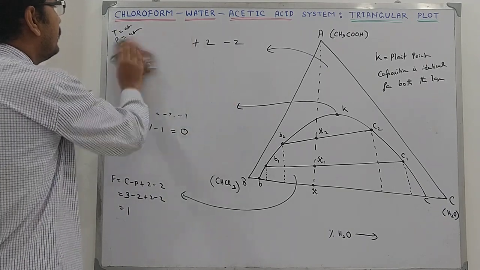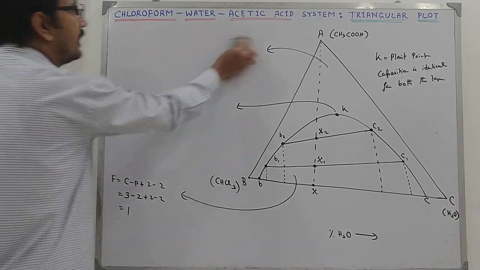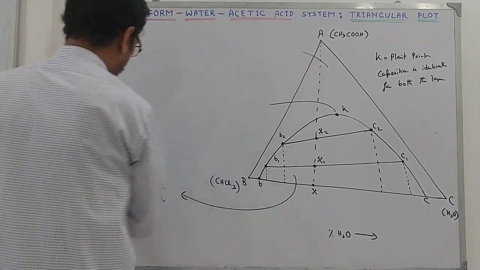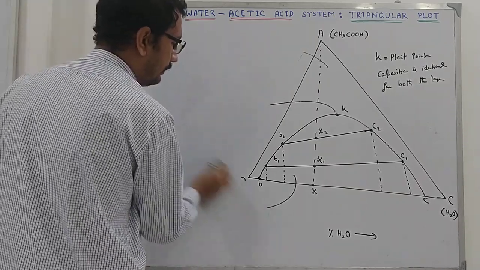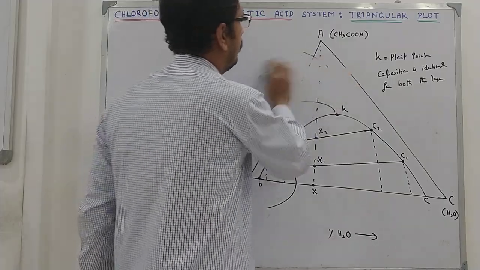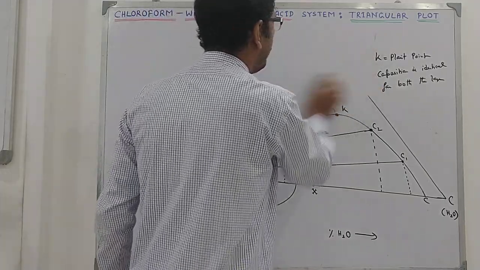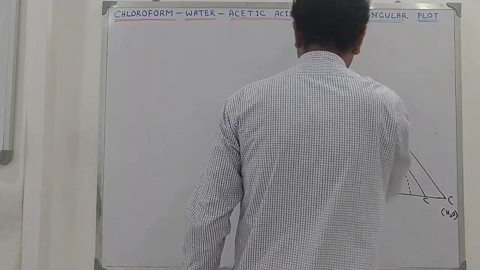Now we have studied just now the chloroform water acetic acid system. Similar other systems are water, alcohol, ether, and another important one is the coinage metal triangular plot, that is the copper, silver, gold triangular plot.